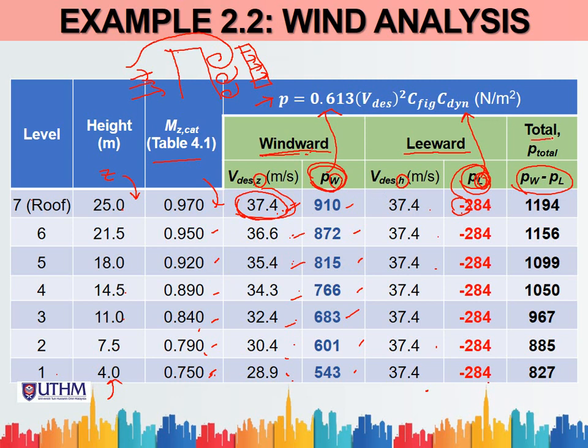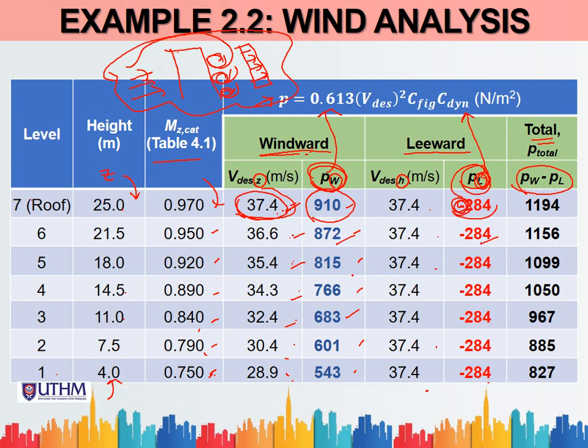And this is the total load. The total load is 910 plus 285. Even though here is negative, this negative just shows that it is negative pressure which induces suction pressure. For the total, we call it the response, so we total it up, 910 plus 285.